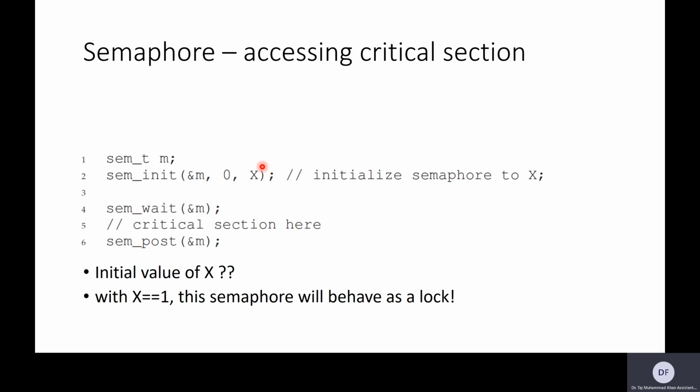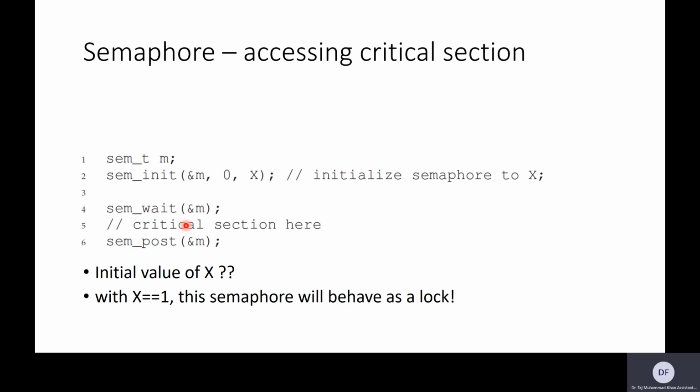So if you have initialized this semaphore as 1, then the first thread that calls sem_wait will decrement the value by 1, and since the value is non-negative, the value will become 0. This sem_wait function will return and this thread will enter its critical section.